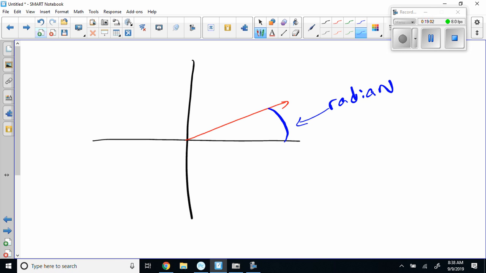That's what a radian is. So it's the arc that is formed by that angle. That's what a radian really is, so you can get a little more ingrained into it. Y'all ready?